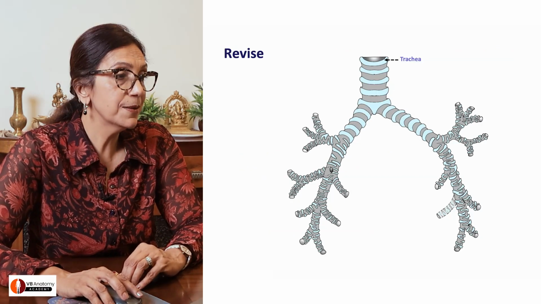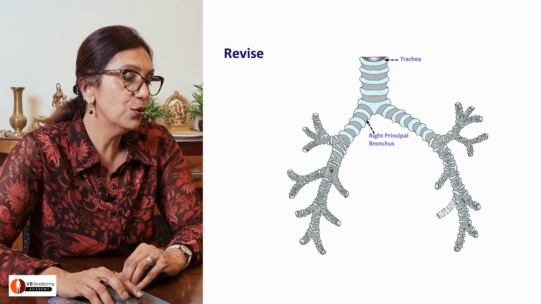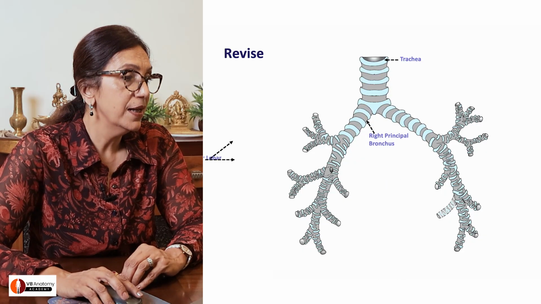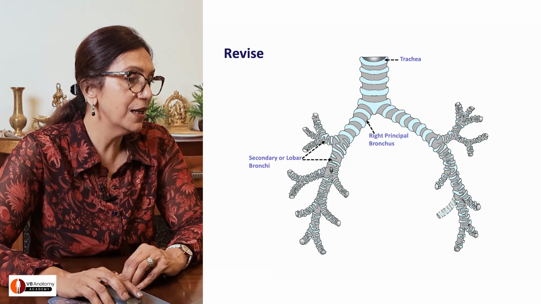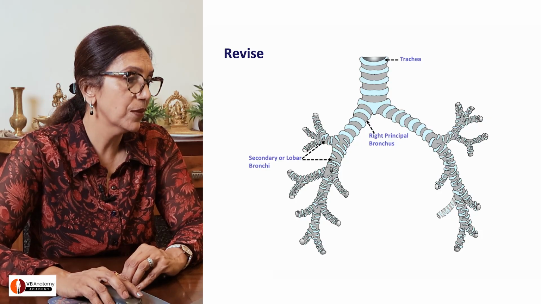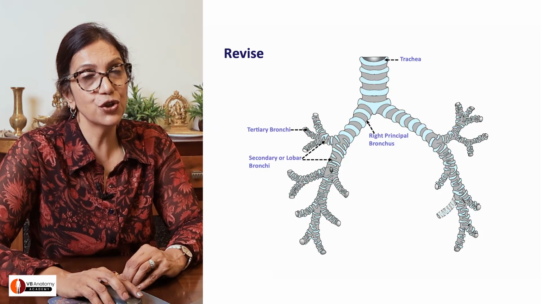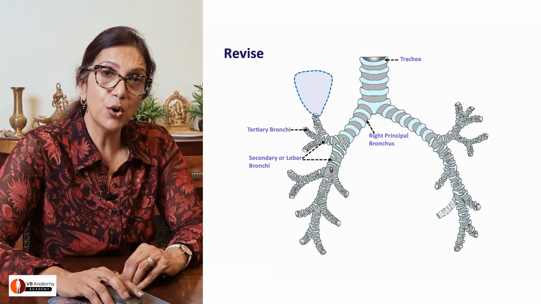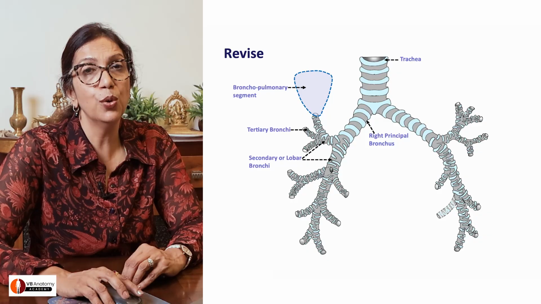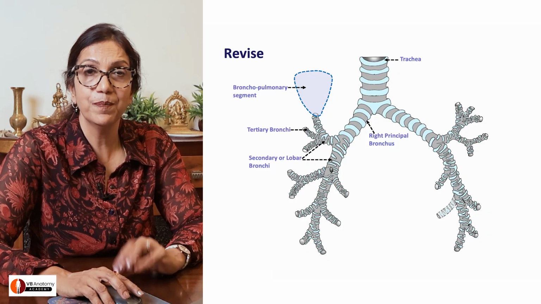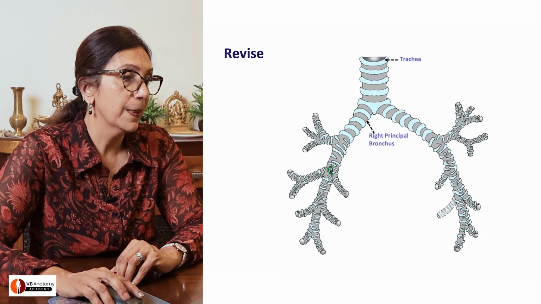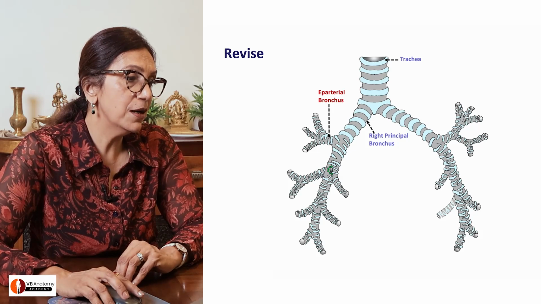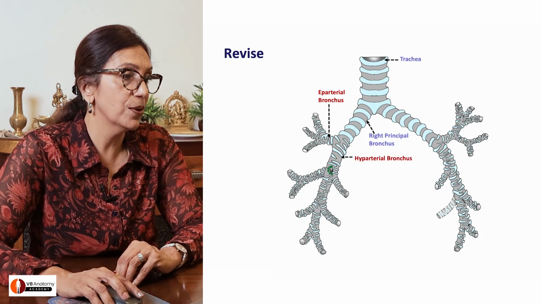So, let's revise. This is the trachea dividing into right and left principal bronchi. The right principal bronchus divides into secondary bronchi, and the secondary divides into tertiary bronchi. The area aerated by one tertiary bronchus is called a bronchopulmonary segment. Clear? So this is the eparterial bronchus, this is the hyparterial bronchus.